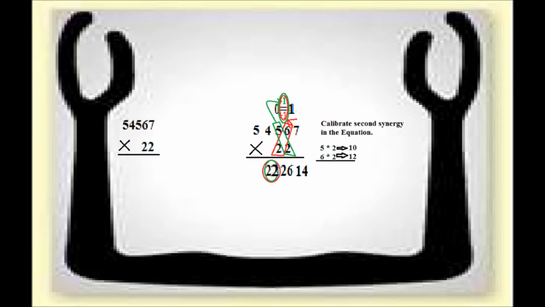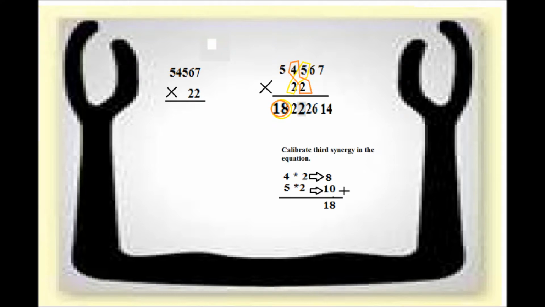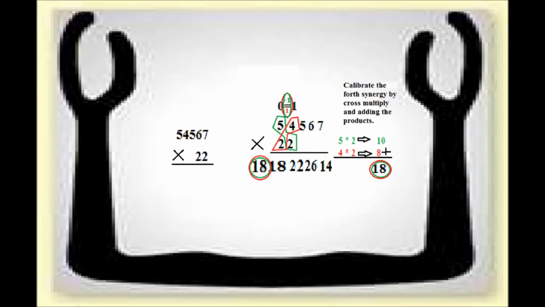So we go one digit forward towards the left, then we cross multiply again, and what we got is 18. We don't do no side multiplications yet. Put that number down. Next, we go one digit forward and we cross multiply 5 times 2, 4 times 2.